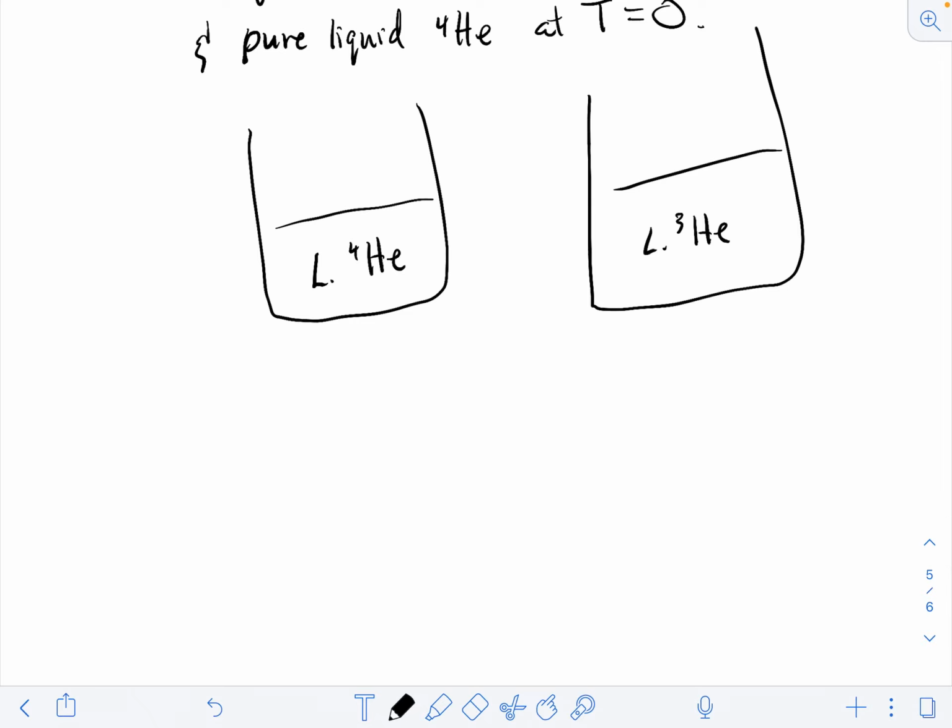And the question is, is it energetically favorable to add that one helium-3 atom to the liquid helium-4 or the liquid helium-3 container?